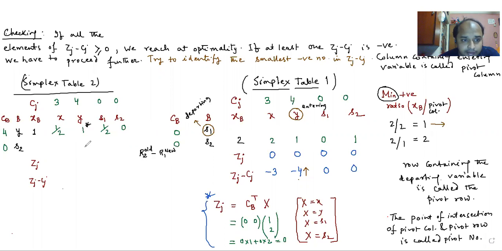1 minus 1 will give you 0. 2 minus 1 will give you 1. 2 minus 1 will give you 1. 2 minus half will give you 3 by 2. 0 minus half will give you minus half, and 1 minus 0 will give you 1.